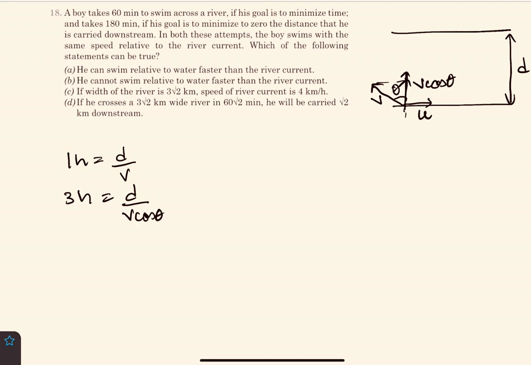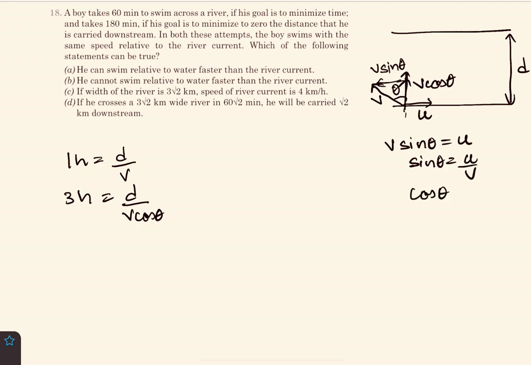From here you can see that v sin theta must cancel the river velocity in this direction. Then only he'll be able to swim along this line. We know that v sin theta is equal to u, that is sin theta is u by v. So cos theta is root over 1 minus u square by v square.